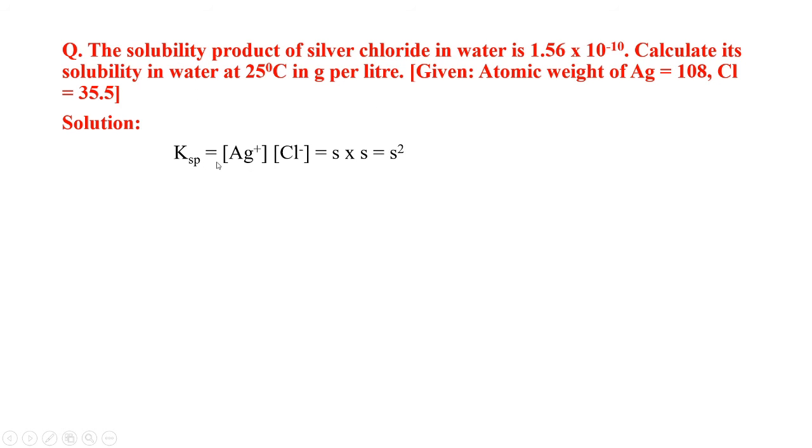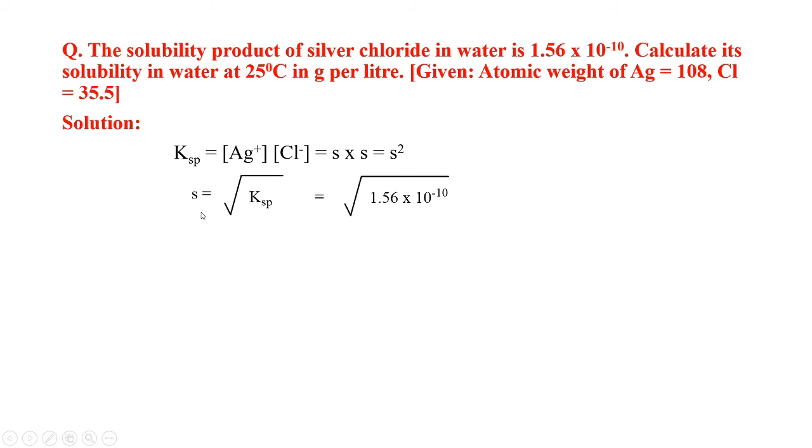So the solubility product of silver chloride, KSP, is equal to Ag+ into Cl-. Silver chloride is a salt, and its ions, Ag+ into Cl-, is equal to S into S is equal to S square.